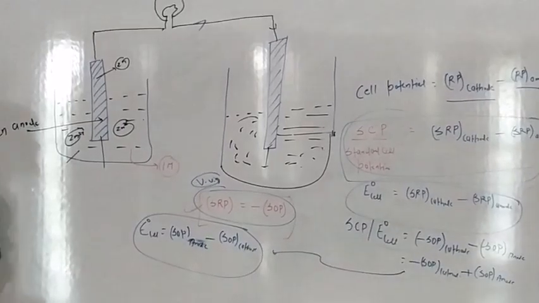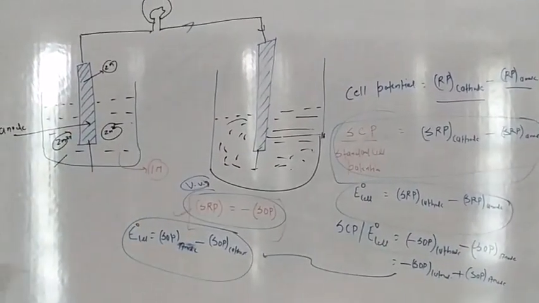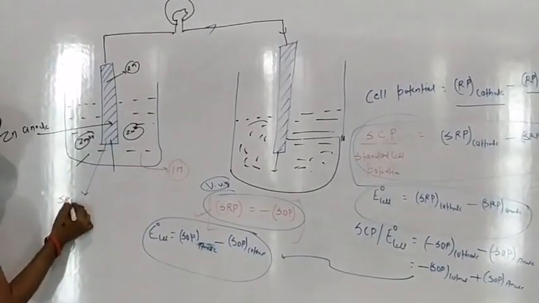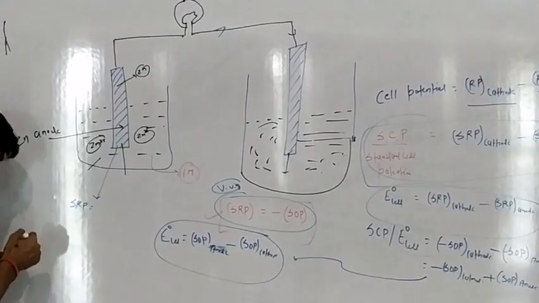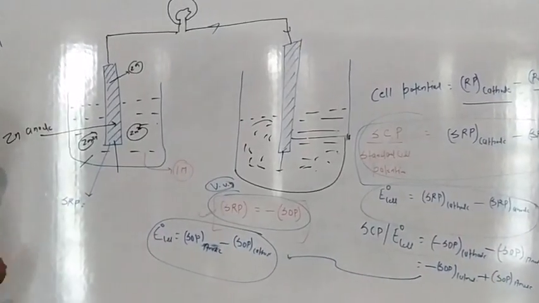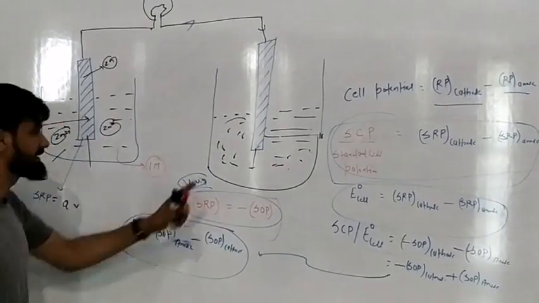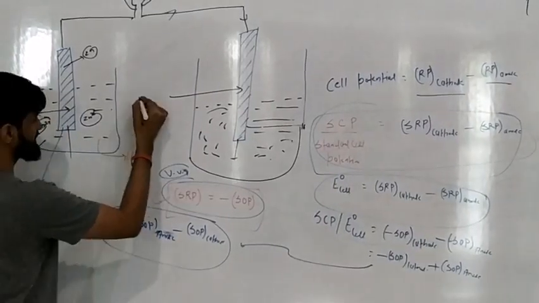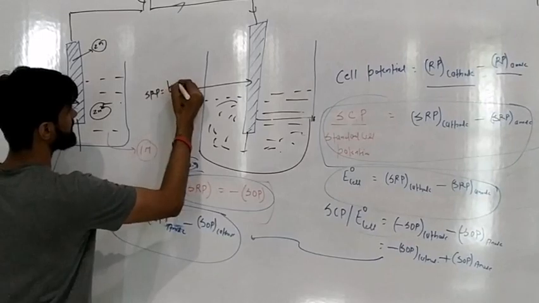Now I am taking two hypothetical data. Suppose the standard reduction potential of the zinc electrode, the anode in this electrolytic cell, is A volt, and the standard reduction potential of the cathodic compartment is V volt.